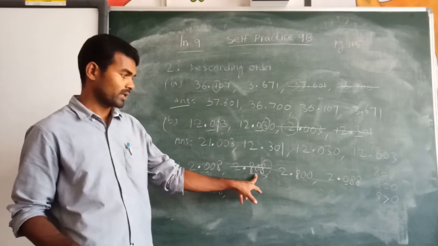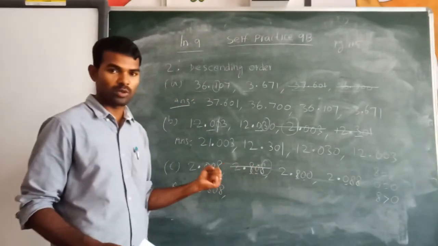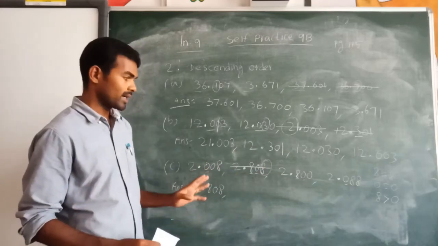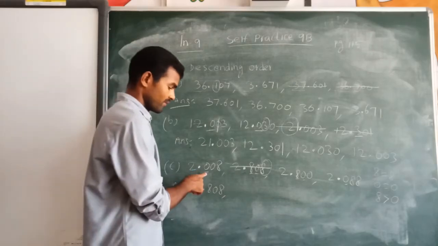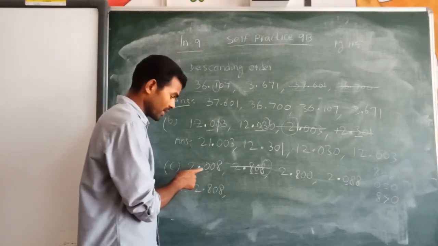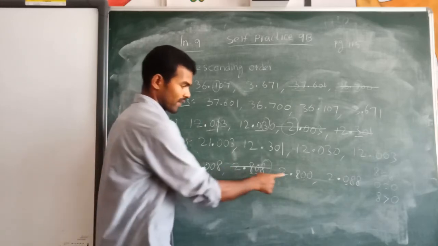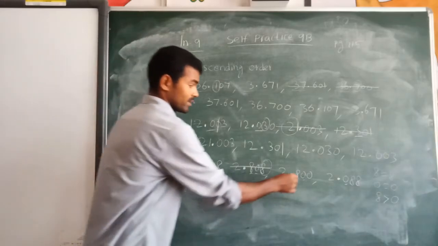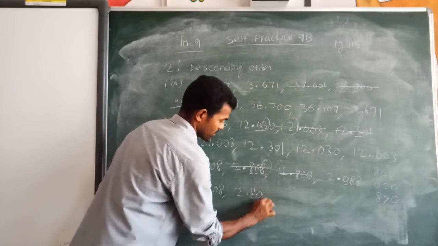Next, let us continue with the three numbers. Let us choose one more biggest number. 2, 2, 2 equal, and let us compare the first place after the point. After the point 0, after the point 8, what is big in this? This is the biggest number, 2.800.